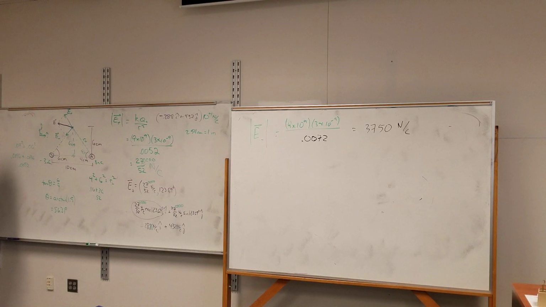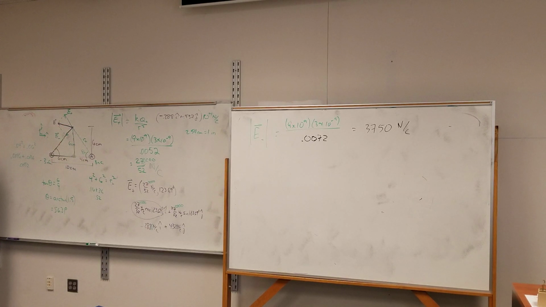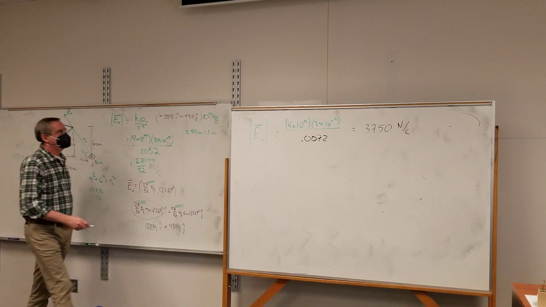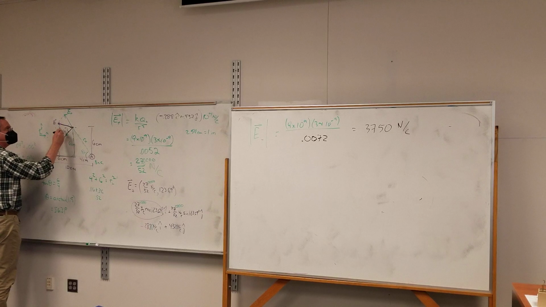The angle we found? Think about the triangle we're working with here. This is my triangle right there. It's a 45-degree angle, 6 and 6. So this angle here is 45 degrees.